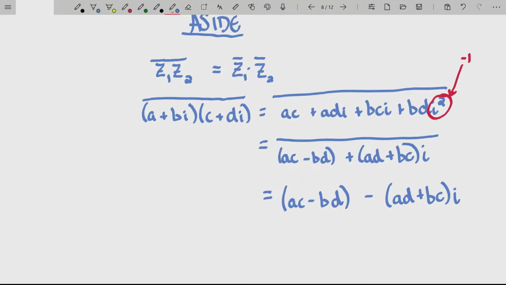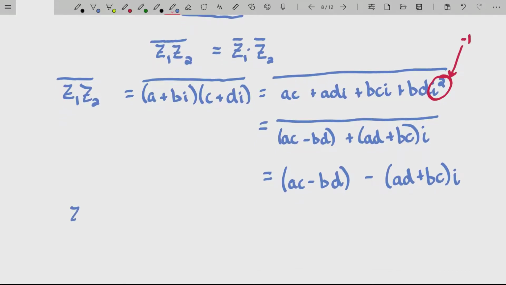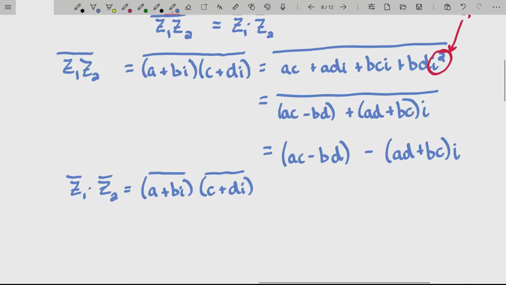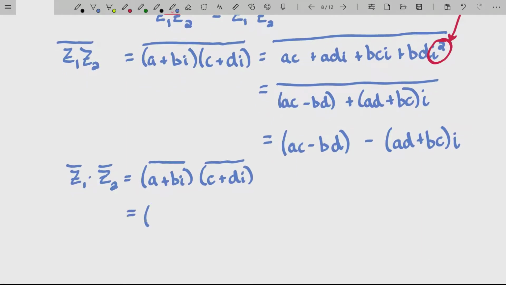Okay, so now we have that done. By the way, that was the conjugate of z1 times z2. Let's see what z1 bar times z2 bar would have been. Well, z1 was a plus bi. We're going to take its conjugate, and we're going to multiply that by c plus di, which is z2, and we're going to first take its conjugate.